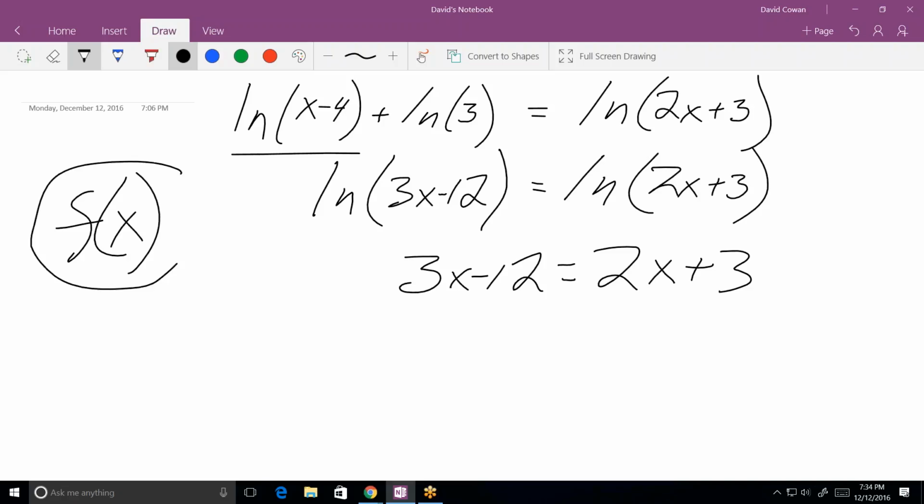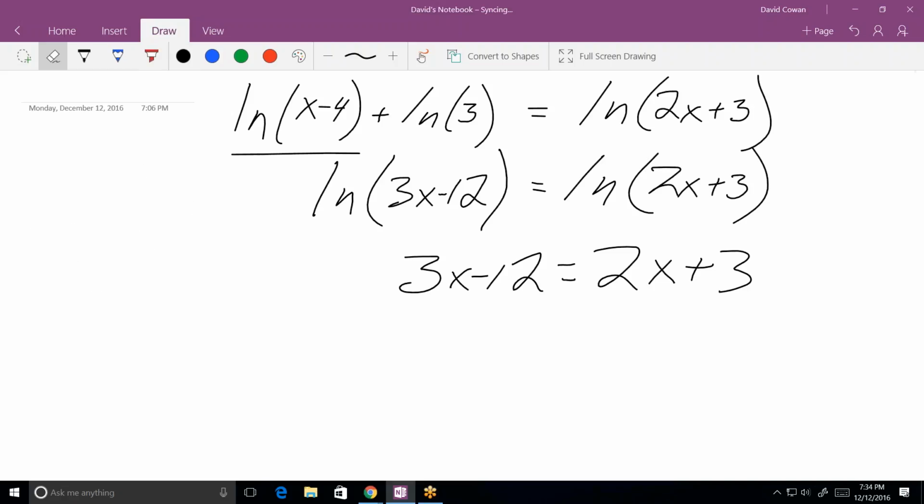It's just the notation for a function of the variable x. But you can pretend that you're dividing both sides by natural log, and that gives you the right conclusion. And then, of course, solving this, you get x equals 15.